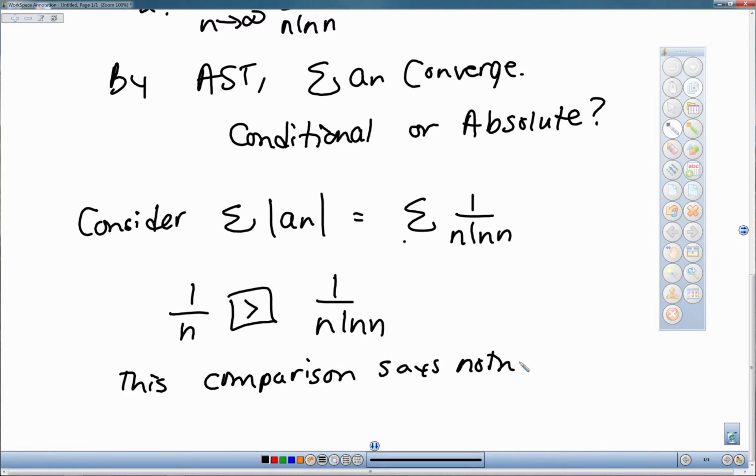It doesn't give us any ability to determine the behavior of the smaller series. So, what do we do next?